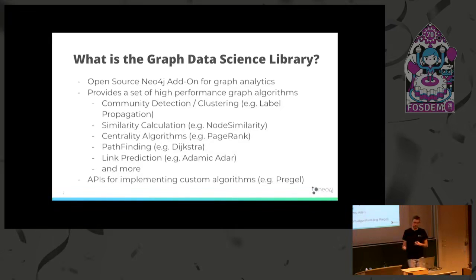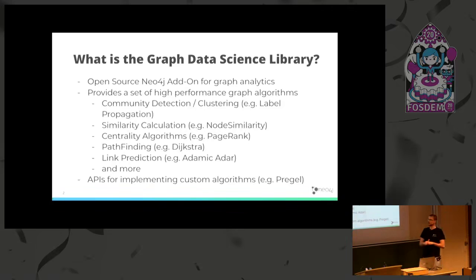The Neo4j database itself is more of an OLTP database, so it's mainly used for short queries that query only smaller parts of a graph, using mostly the Cypher query language. Within Cypher there is support for some algorithms like shortest path, for example. But the Neo4j Graph Data Science Library gives you a much broader access to global graph algorithms.